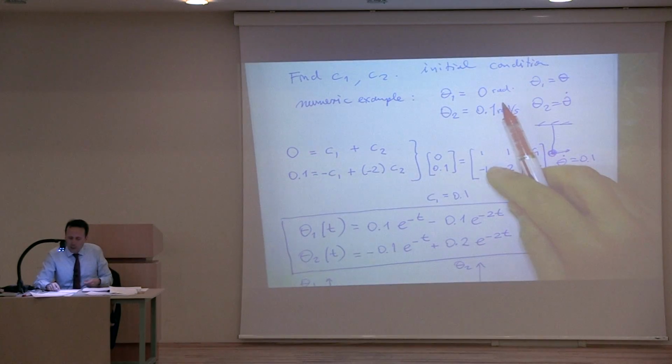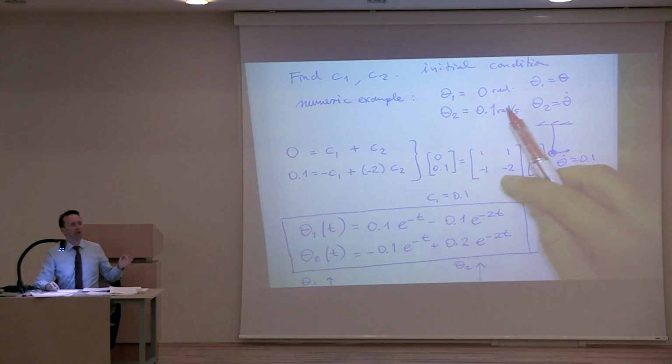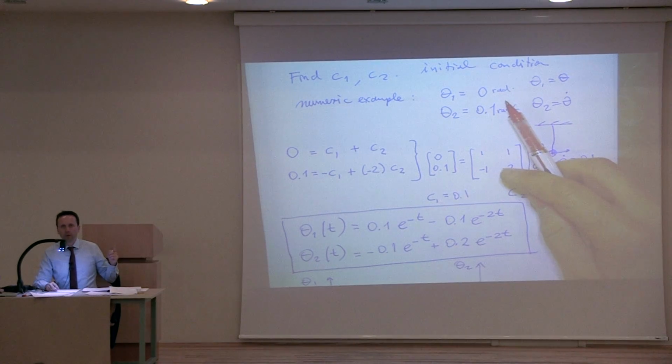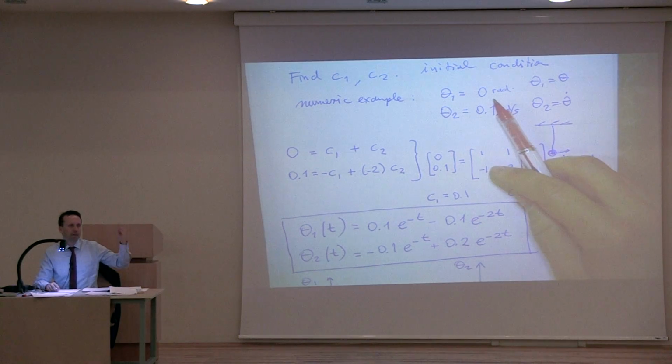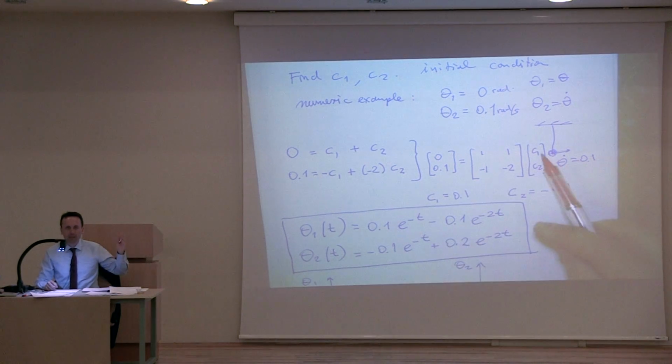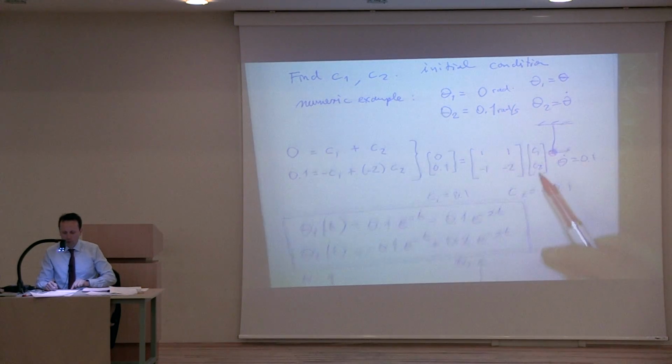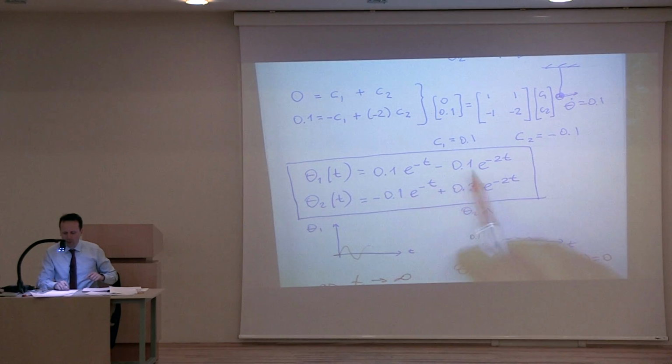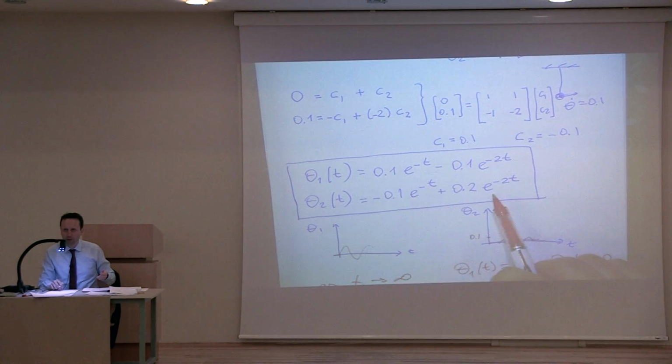And look at this. If the initial conditions were something else, let's say 4 and 5, what would happen? The only thing that would change would be C1 and C2. In other words, only the numbers in front of these exponentials would change.